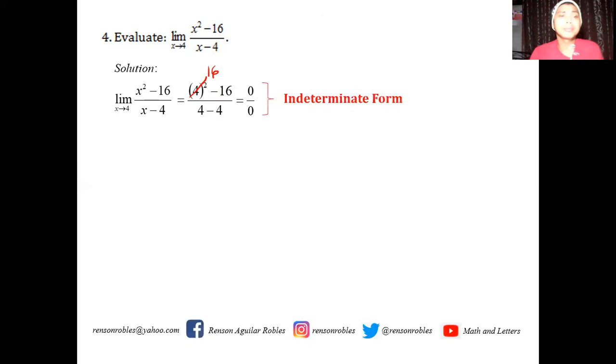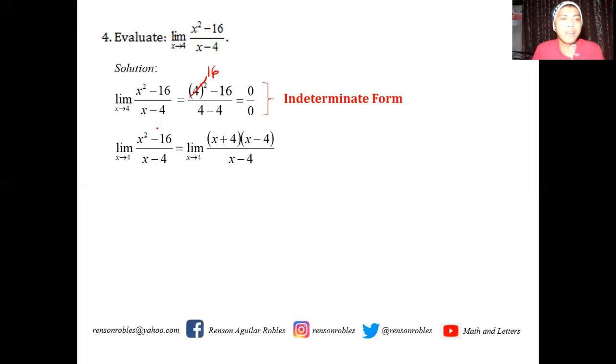Okay? One more. So what we are going to do now is we simplify x squared minus 16 all over x minus 4. The limit of x squared minus 16 all over x minus 4 as x approaches 4 can be thought of as the limit of x plus 4 times x minus 4 all over x minus 4.